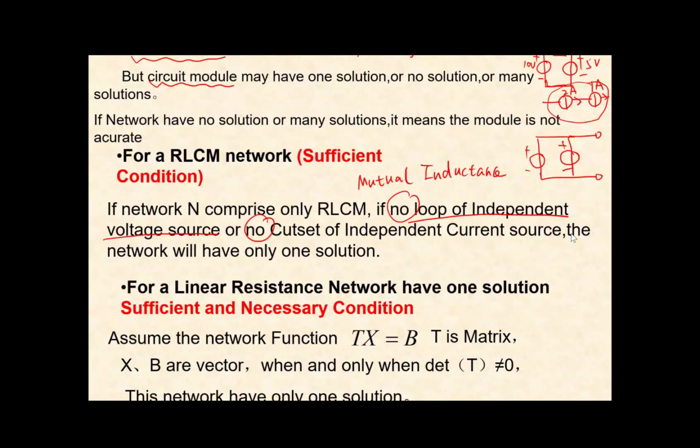When and only when delta T is not equal to 0, this network will have only one solution. The solution is x equals T inverse multiplied by b. So if delta T is not equal to 0, the solution will be only one.